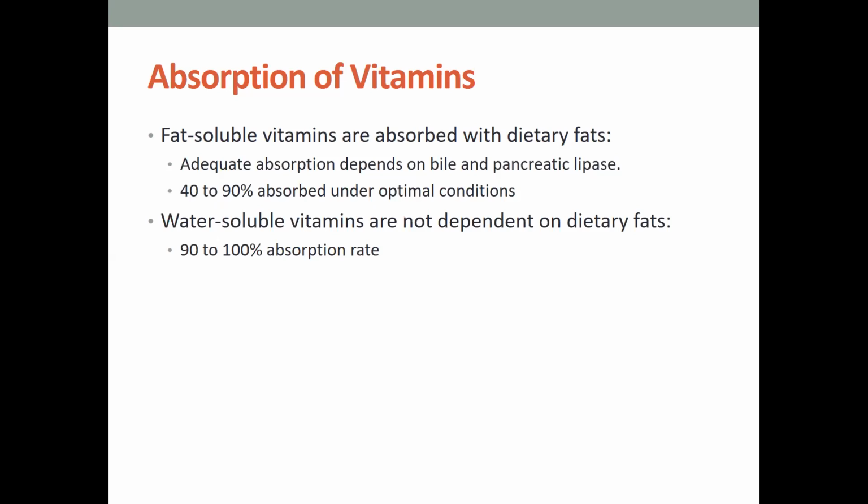About 40 to 90% of fat-soluble vitamins get absorbed under optimal conditions, meaning that your small intestine is functioning normally and you're not eating other foods that might interfere with absorption. You'll notice that it's not 100%, so some fat-soluble vitamins are not absorbed, they get excreted.